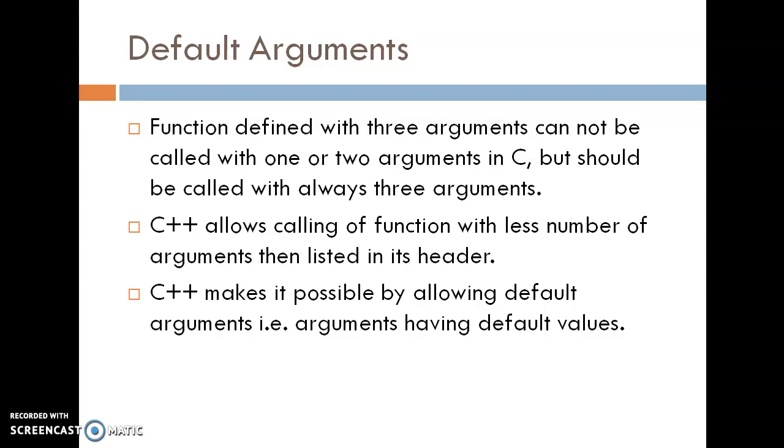And C++ makes it possible by allowing default arguments, that means arguments having default values. If we put a default value in an argument, then even if we do not pass that particular argument, C++ allows us to call that function.